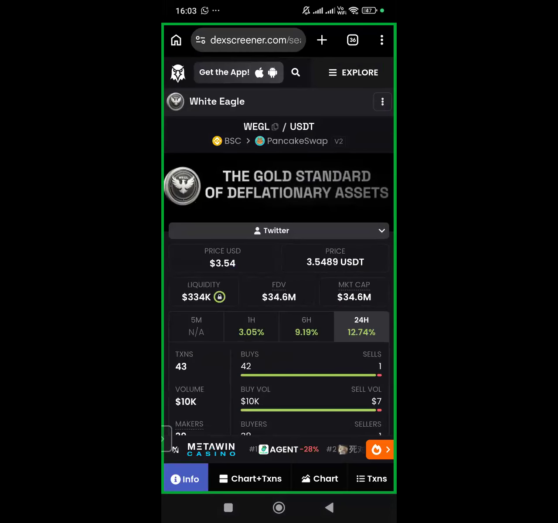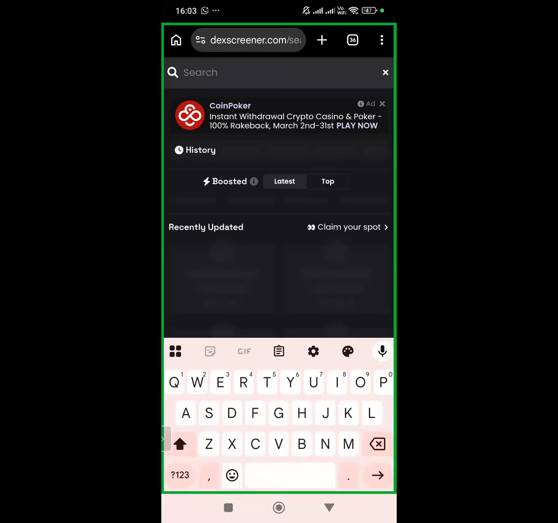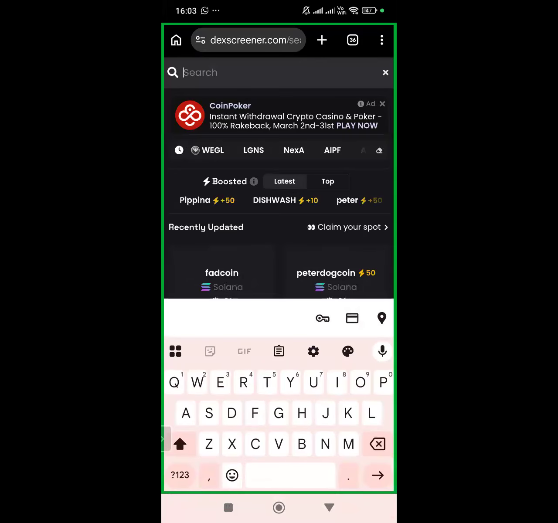Even, my brother, people are saying that LGNS is a big project. Anybody can buy a DEX Screener listing. So why LGNS? Why AIPF? Why Nexa? Many big projects are claiming that they are decentralized, but they are not.